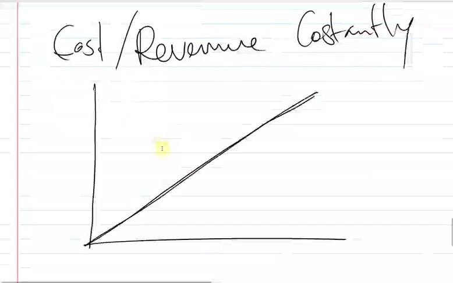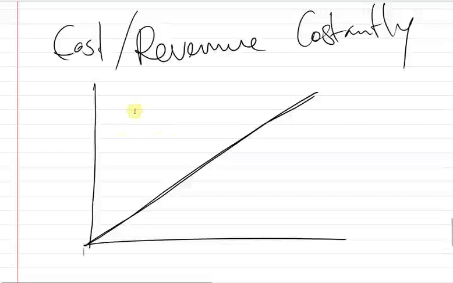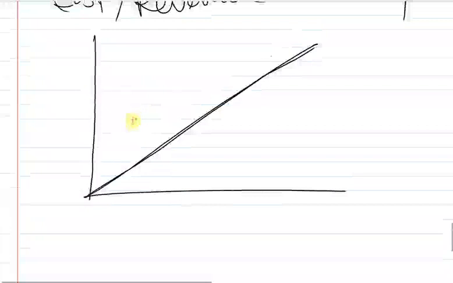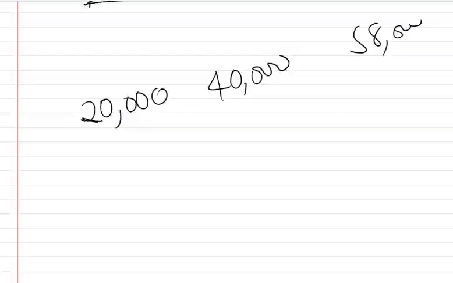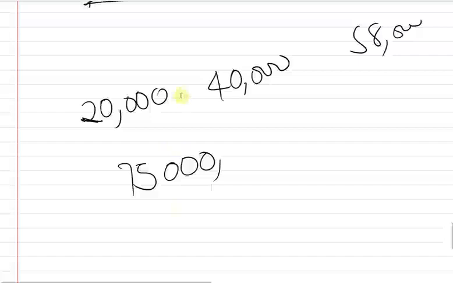Let us look at it in contrast with the economist's view. The economist's view will assume things like economies of scale. The moment you are buying in bulk, you get some discounts. For example, 20,000 for one bed, 40,000 for two beds, but because you are buying three beds, they tell you that you pay 58,000. Maybe because you are buying four beds, you pay 75,000, because you are buying in bulk; that's the way discount works.